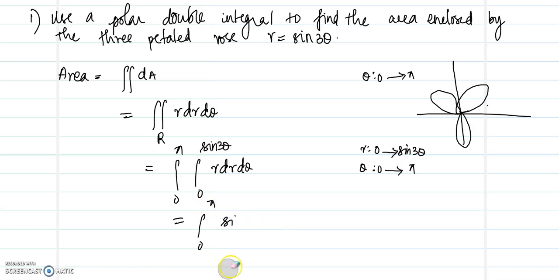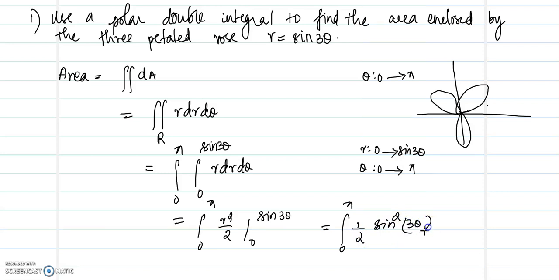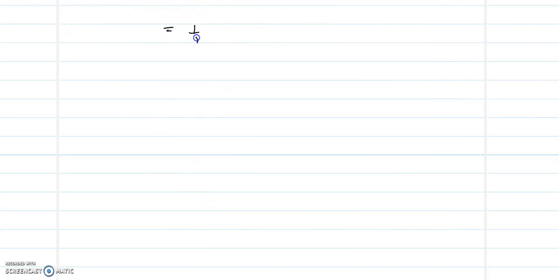Integrating, we get r square by 2, varying from 0 to sine 3 theta. So that is the integral from 0 to pi of 1 by 2 sine square 3 theta d theta. This is equal to 1 by 2 integral from 0 to pi.